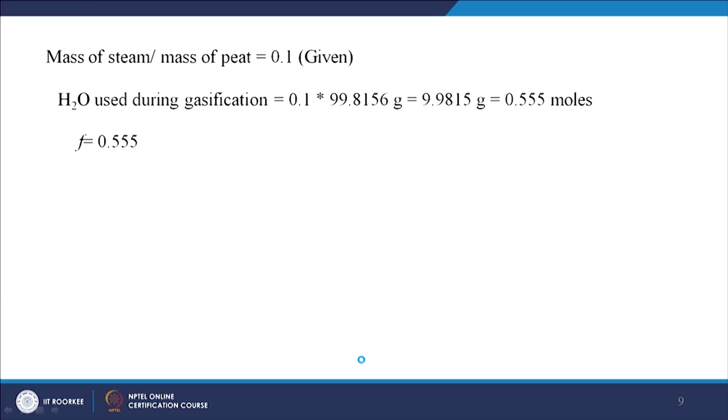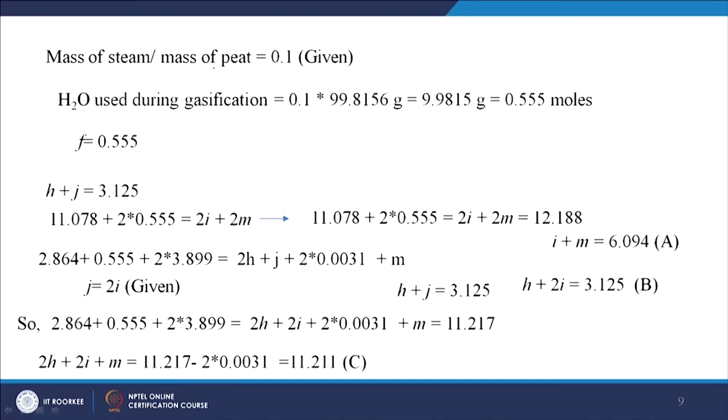Then another piece of information is also given in the problem statement, that we will consider here: mass of steam by mass of pit is 0.1. So, how much H2O is used during gasification? The steam is giving the H2. That is equal to 0.1 into how much pit we have used, 99.8156. That gives us this many grams, or 0.555 moles after dividing by 18.